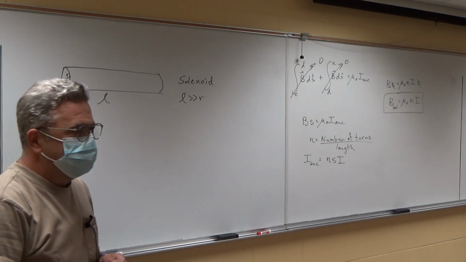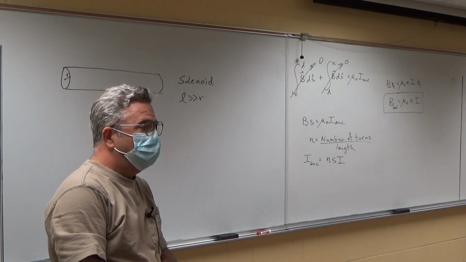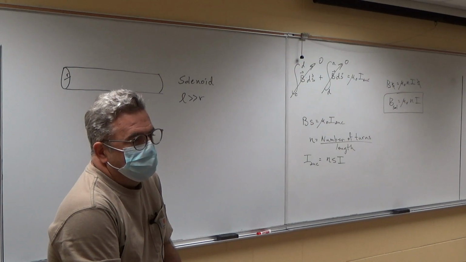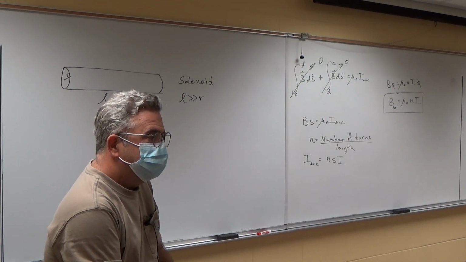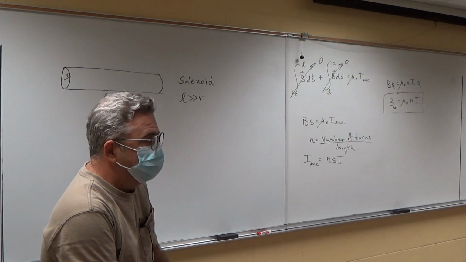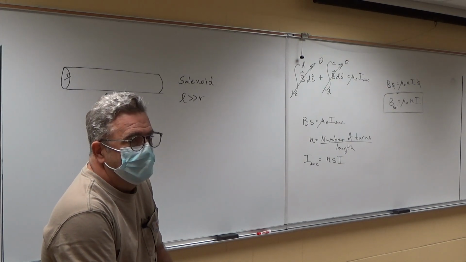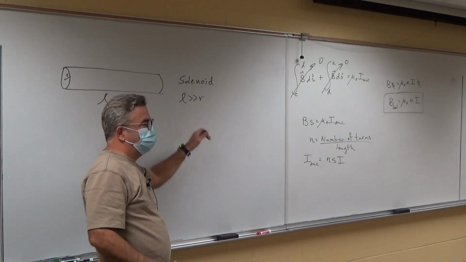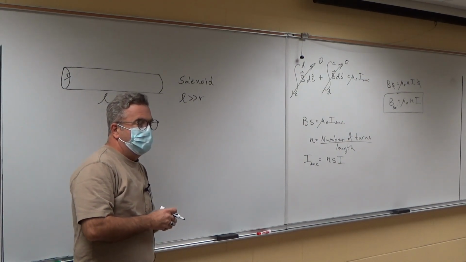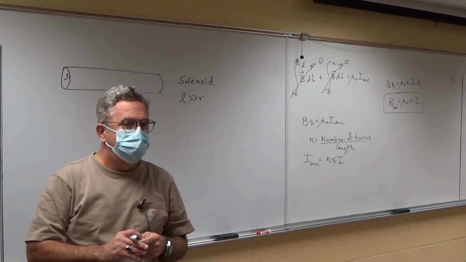That's what I'm saying. Then this works well. Students always ask, well, how much is much, much greater? Okay, order of magnitude, 10 times. If you have a 5 centimeter radius, 50 centimeter length, something like that, okay?